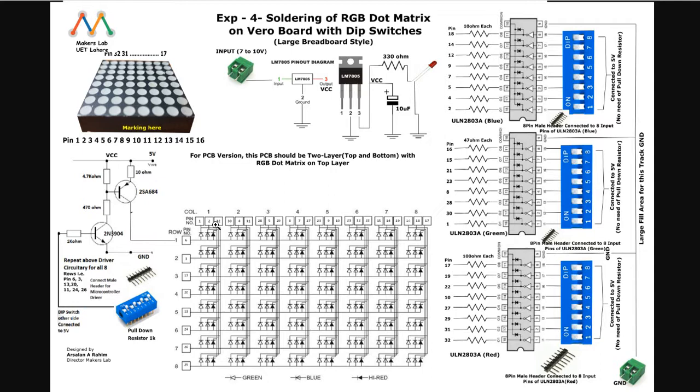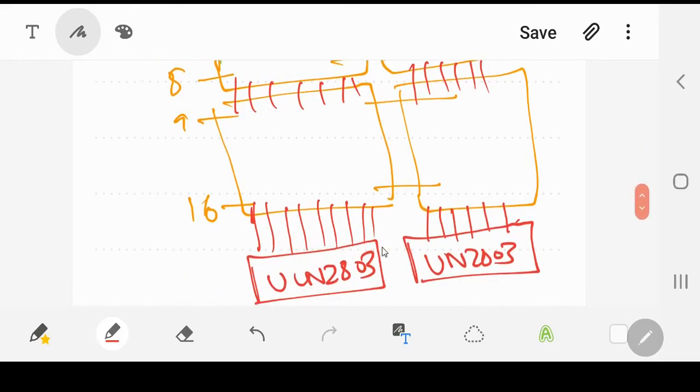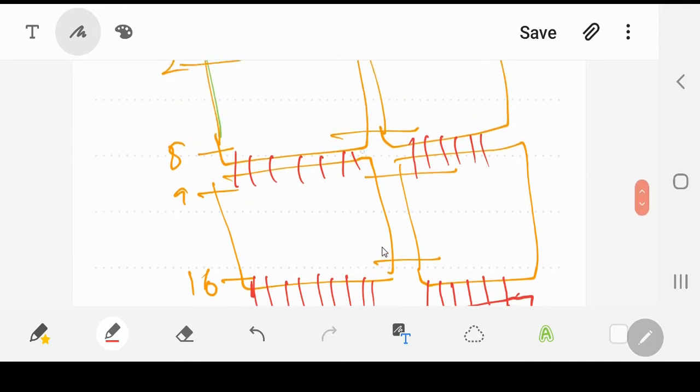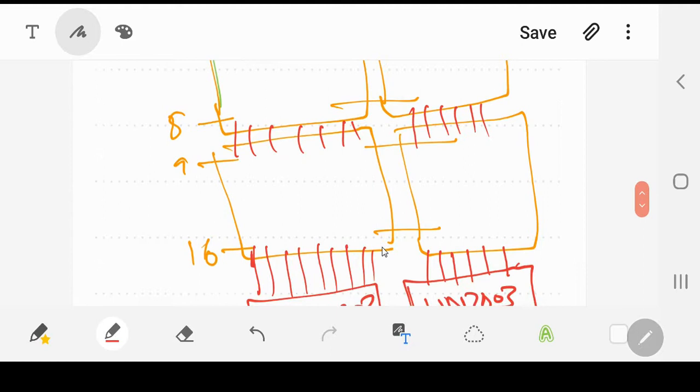Similarly you will connect another ULN2803 IC with the other 8, and certainly not to mention that this one will be connected with this red one as well, which is the column over here. So you are going to have ULN2803 connected, this is the red ULN2803. This will be connected with this dot matrix column wise, and this will be connected with the above dot matrix also.